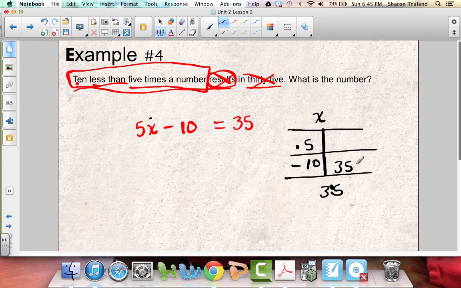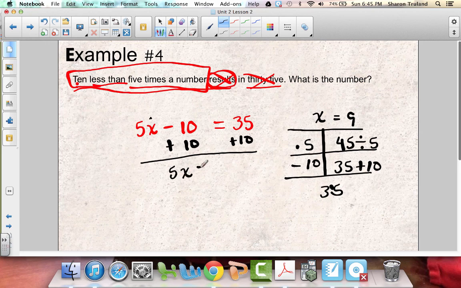Instead of minusing 10, I'm going to inverse that operation and add 10 to get 45. And instead of multiplying by 5, I'm going to divide by 5, do the opposite, and so x is 9. If I did traditional algebra, the old traditional tell you to add 10 first, and then to get this x alone here, we undo multiplication by dividing. X is 9.